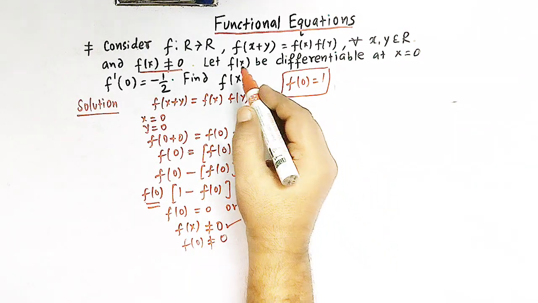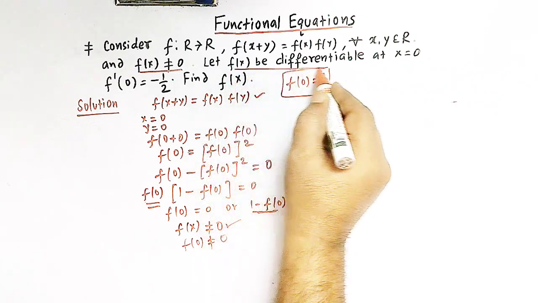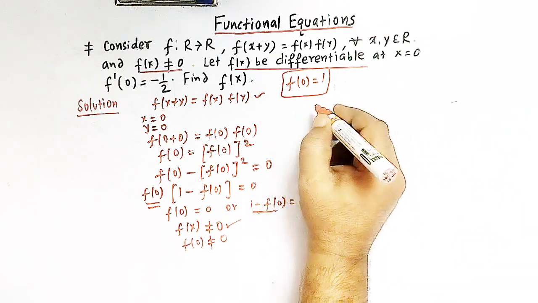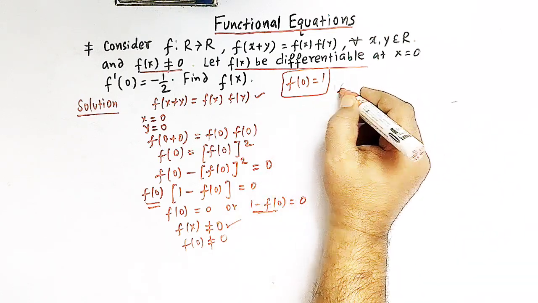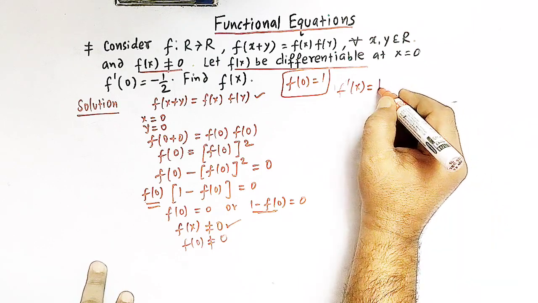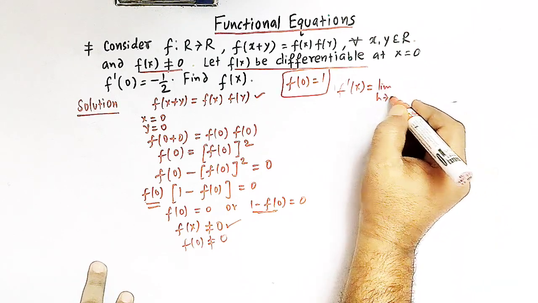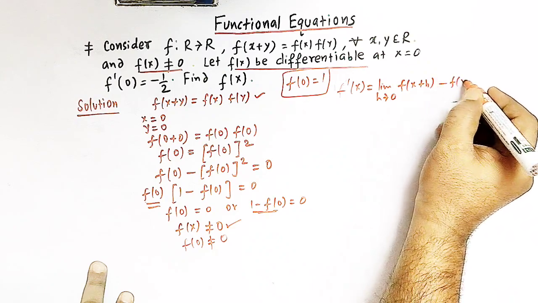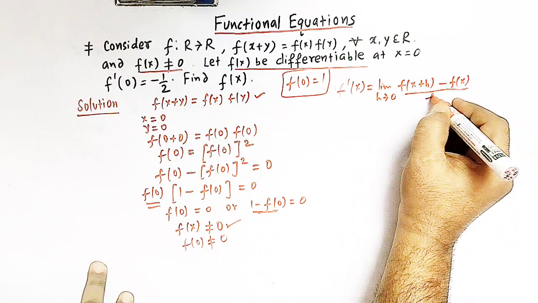Now we are given that the function f of x is differentiable at x equal to 0. So let us define the derivative of f of x: f prime of x is given by the limit as h tends to 0 of f of x plus h minus f of x, divided by h.